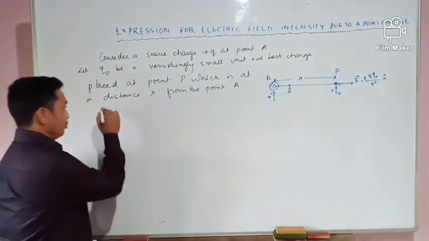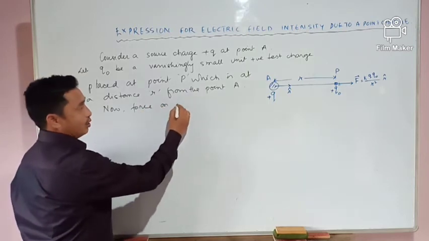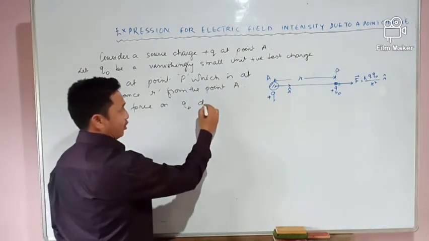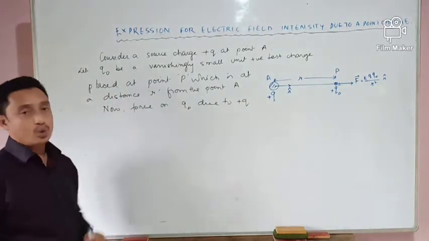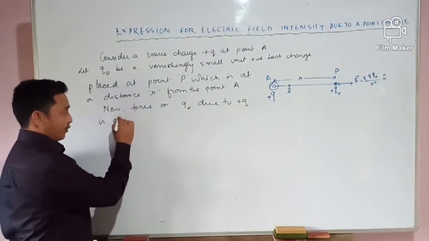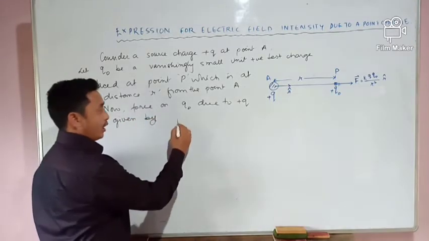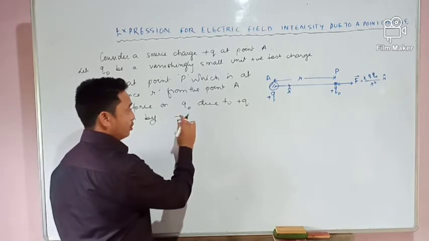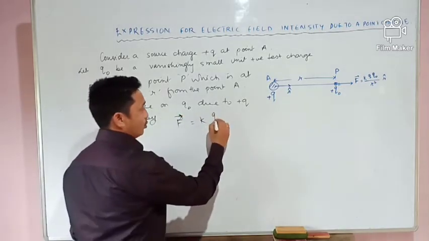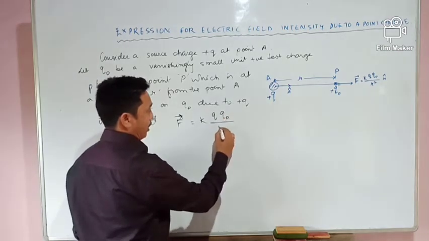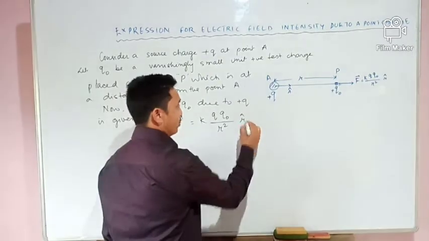Now the force on Q naught due to plus Q is given by F vector equal to K Q Q naught divided by the distance square, times the R unit vector.